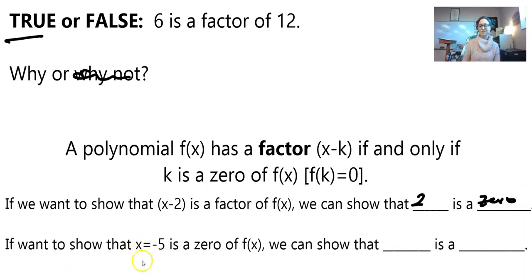If we want to show that x equals negative 5 is a 0 of f, we can show that x plus 5 is a factor of f. Okay, so same idea, analogous to what we were doing with real numbers ever since elementary school.